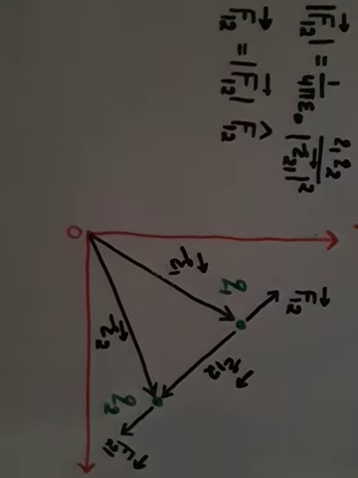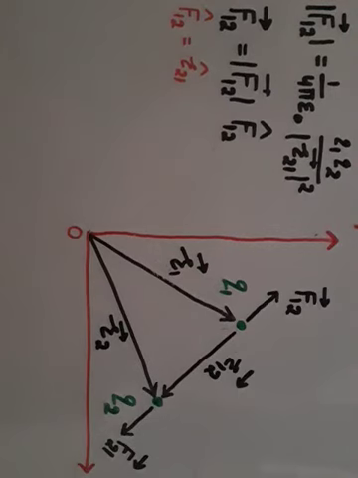From properties of vectors, you know that any vector is equal to the magnitude of that vector multiplied by the direction of that vector. From the figure, you will see that the direction of F12 will be equal to the direction of R21.